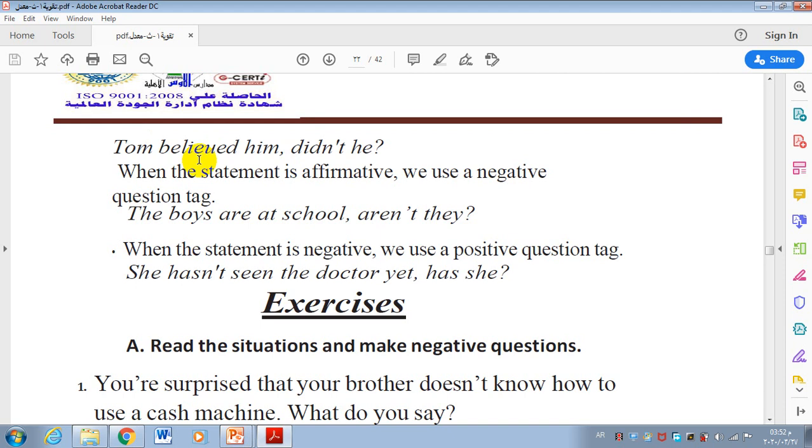So we use did plus not to make the question tag negative, followed by the pronoun he, because the subject here is Tom. So in the question tag we use the pronoun he instead of Tom.